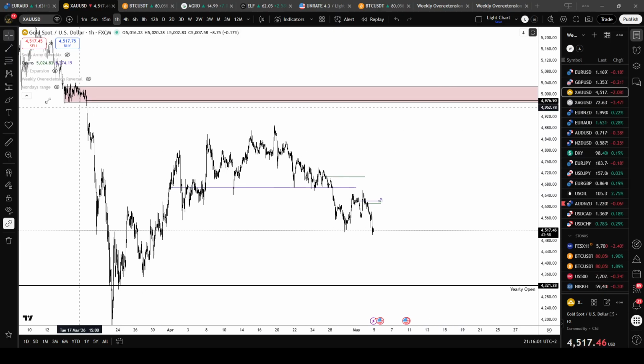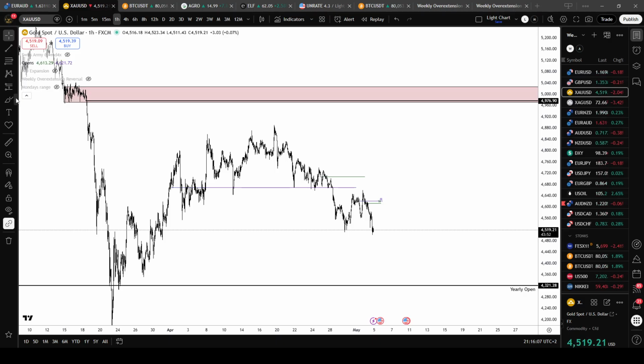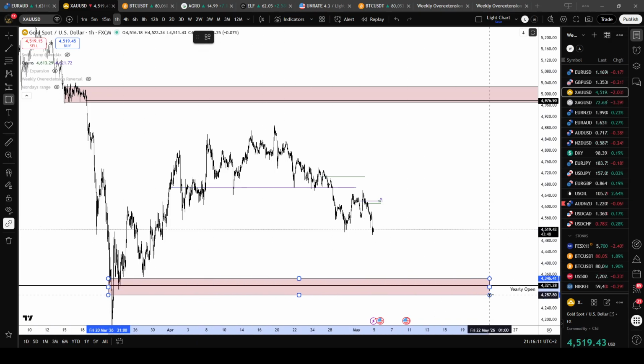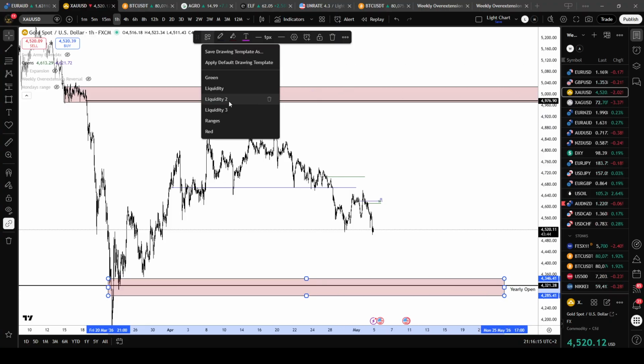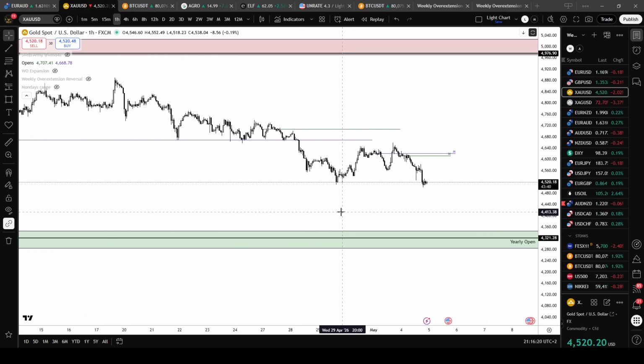I think the market is trapped between this area here for selling and something like this area for buying.